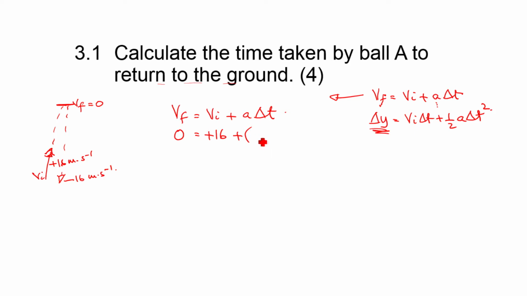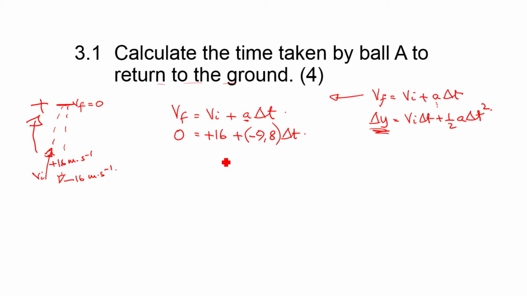The acceleration, now just remember that is a vector. I've taken positive as upwards, and therefore the acceleration is going to be minus 9,8 times delta t.